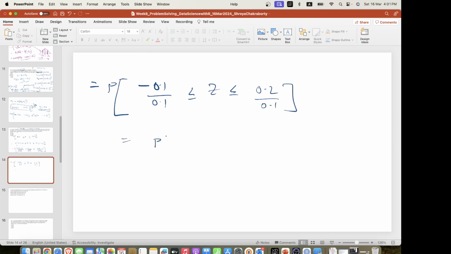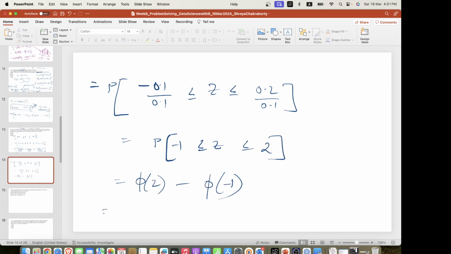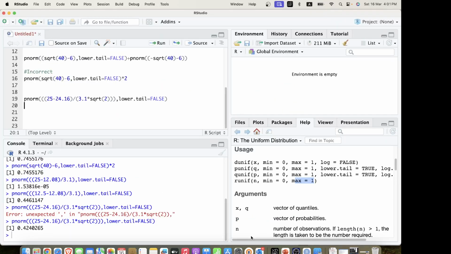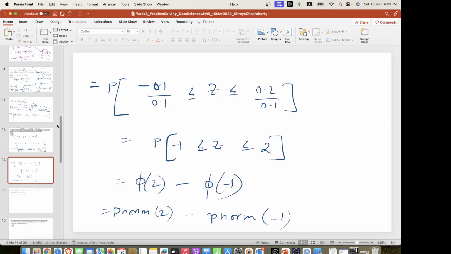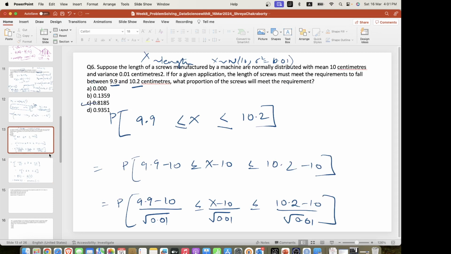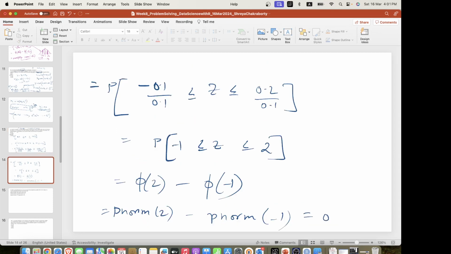So this would be the probability of minus 1 less than or equal to z less than or equal to 2. This would be phi of 2 minus phi of minus 1, so pnorm 2 minus pnorm minus 1. So we'll just do that. That would give you the answer 0.818.